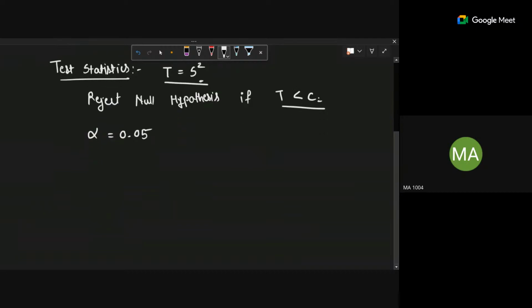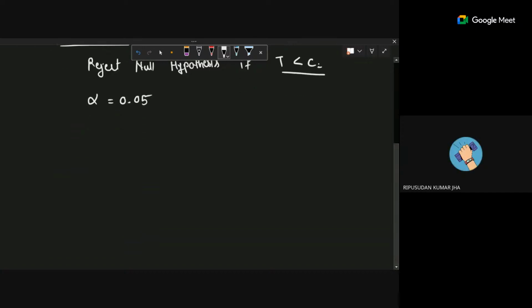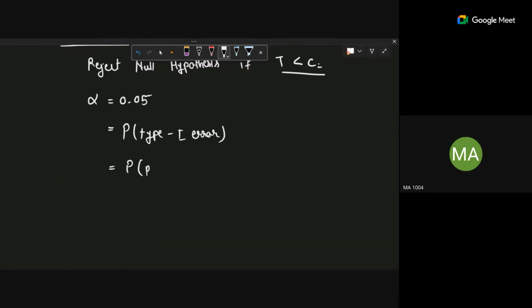Now if T is equal to S square, then what to do next? We have the probability of S square less than C, given that alpha is 0.05, but actually alpha is the probability of type 1 error, right? Yes, ma'am. So what is type 1 error? That is the probability of rejecting null when it was true.